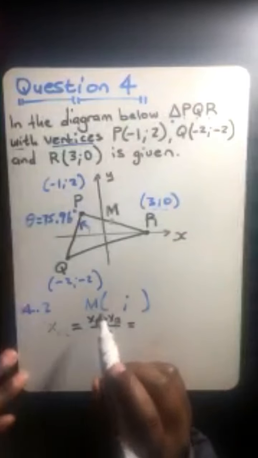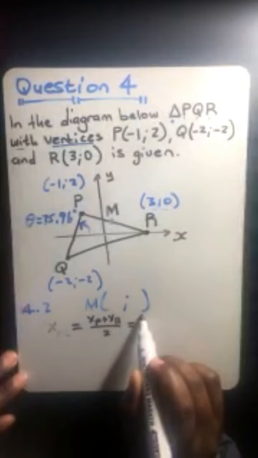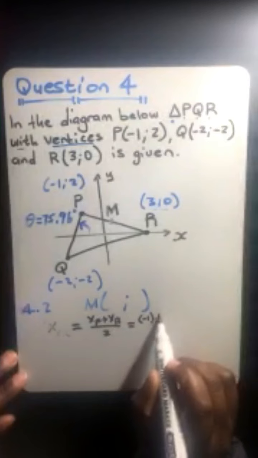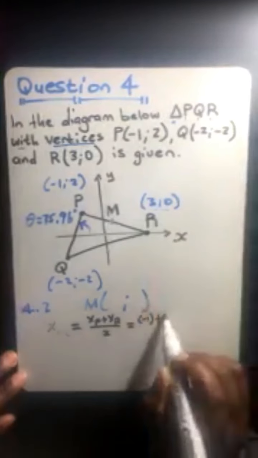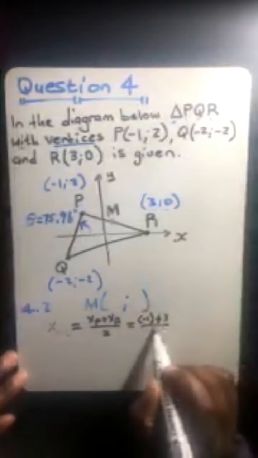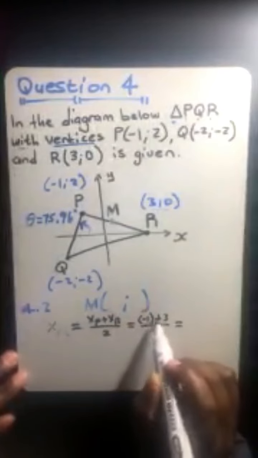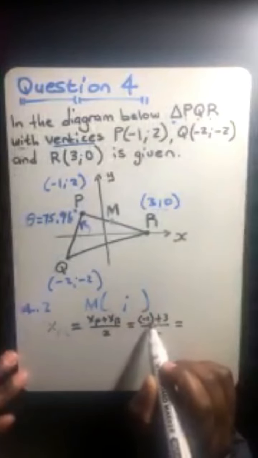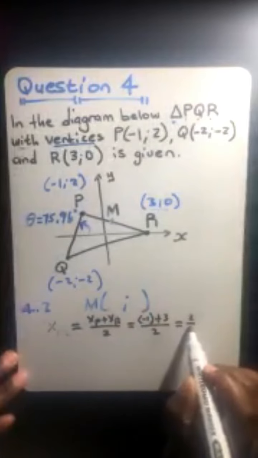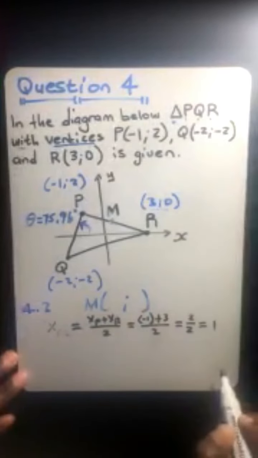What is X of P? There you've got -1 plus, what is X of R? It is 3 over 2. Then what are we having there? It's more like we have 3 minus 1 being 2, so 2 over 2, which is equal to 1.